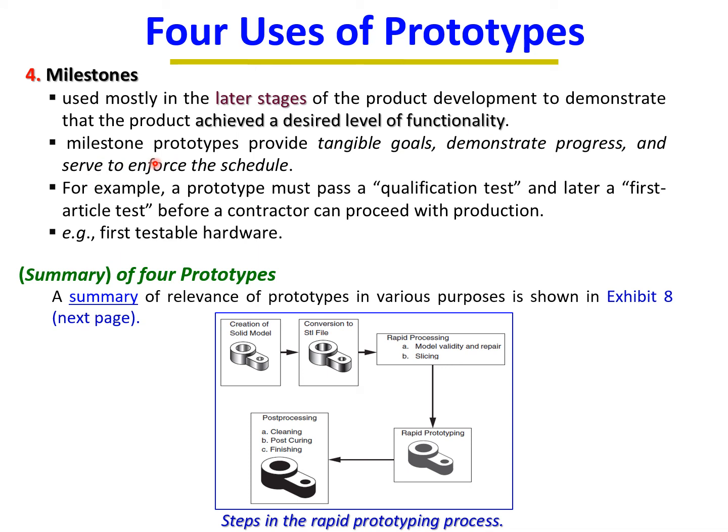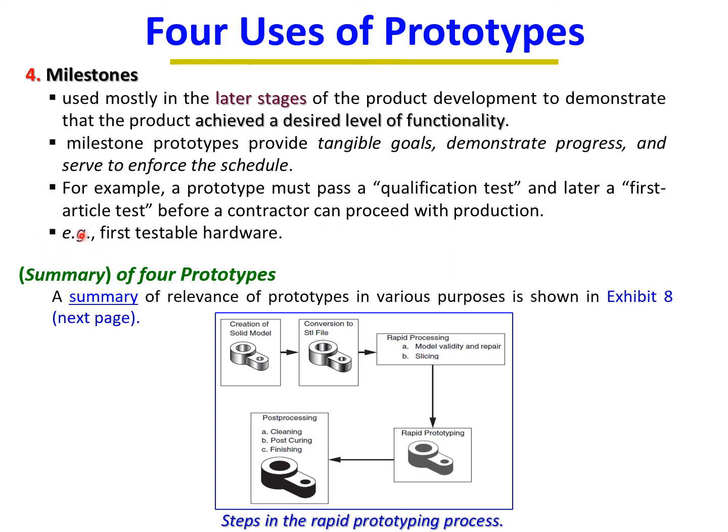Milestone prototypes provide tangible goals, demonstrate the actual product progress, and serve to enforce the schedule that these milestones are now done. For example, a prototype must pass a qualification test and later a first article test before a contractor can proceed with production, right?